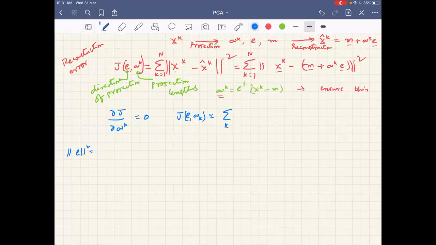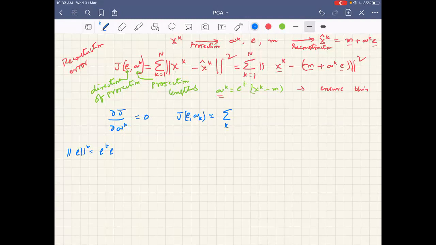You can write E transpose E. Very good. I want to retain it in terms of vectors because I know how to differentiate a scalar function with respect to vectors, so I want to use that trick.